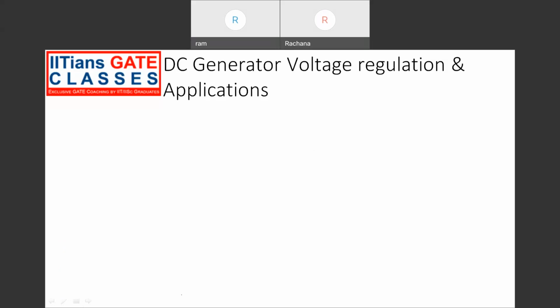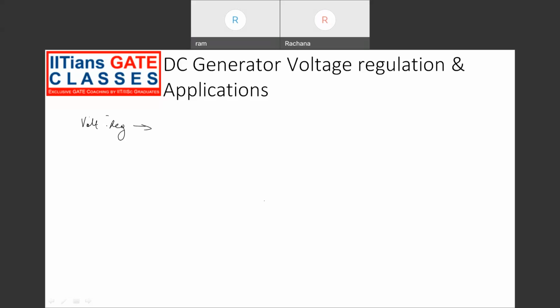The voltage regulation. Voltage regulation of a DC generator is the change in voltage when the load is reduced from the rated value to no load, which is expressed as a percentage.